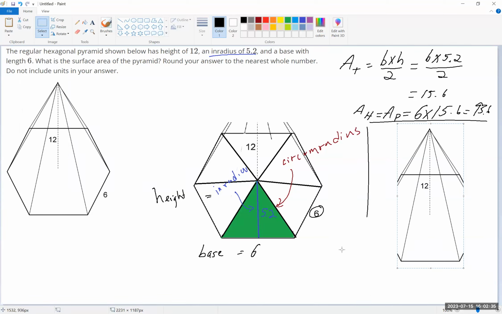All right, so there's quite a bit actually to consider. So that in radius again is going to be really important for us. And it goes from here to here. Okay, so that is 5.2.